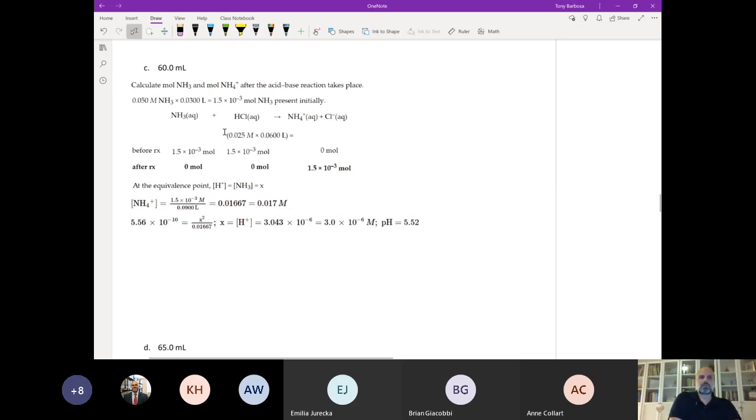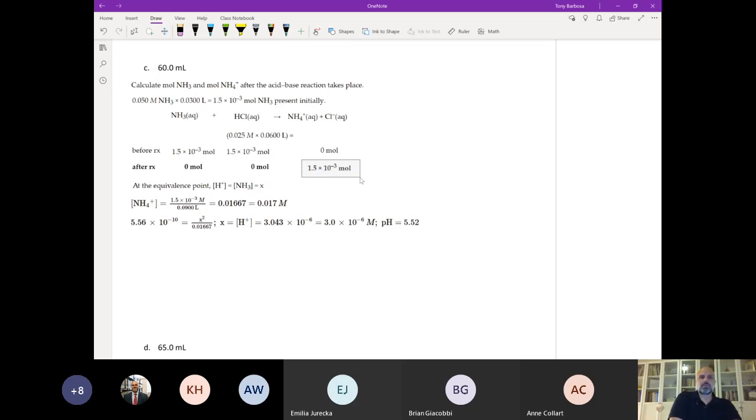Our quantity of hydrochloric acid is our concentration times now 60 milliliters. And that just so happens to equal exactly 1.5 times 10 to the minus 3. So from the stoichiometry perspective, all of the ammonia reacts with all of the hydrochloric acid. So after the reaction, we have none of either left. And all of this has been converted over to the ammonium ion. So this is just a one-to-one conversion directly over. So we end up with 1.5 times 10 to the minus 3.